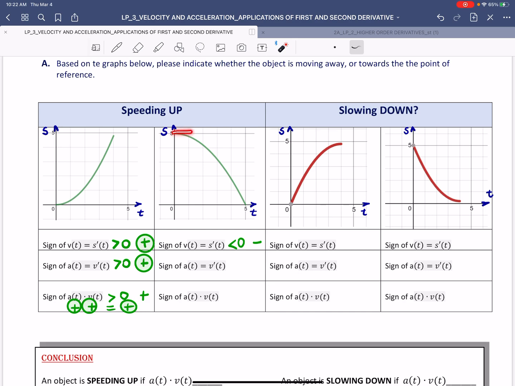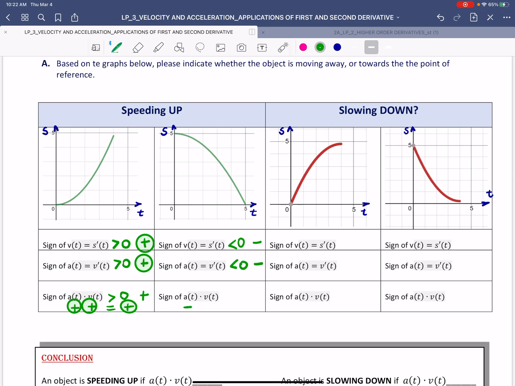We have a velocity that starts at 0 and becomes more and more negative. So the rate of change of velocity, which is acceleration, is becoming more and more negative. It's a quantity that is becoming more and more negative, so the rate of change of it is negative as well.